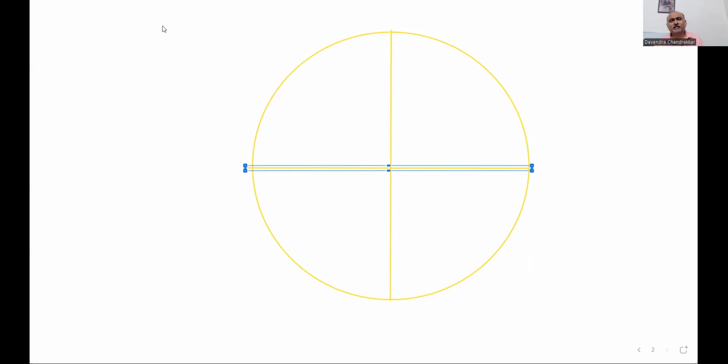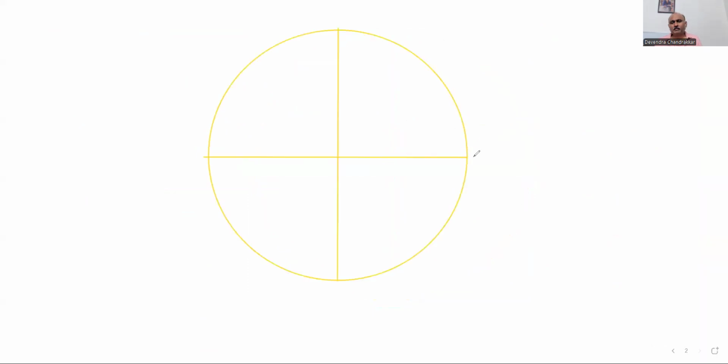Because we are talking about angles and degrees, we have to be aware of the quadrants, right? So this is the first quadrant. These are the reference angles. This is 0 degrees. This is 90 degrees. This is 180 degrees. This is 270 degrees. And this is 360 degrees, right? So once you complete the circular path, this is how you find it.